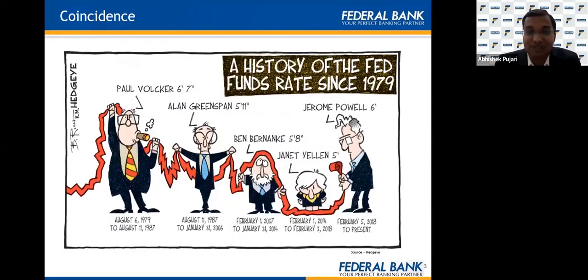This is quite an amazing, quite witty image, I would say. To begin with, we'll start with the United States. In this image, we have correlated the heights of the Fed chairs along with the Fed fund rates since 1979, almost 4.5 decades back. First, on the left-hand side, Mr. Paul Volcker, he was really a tall guy.